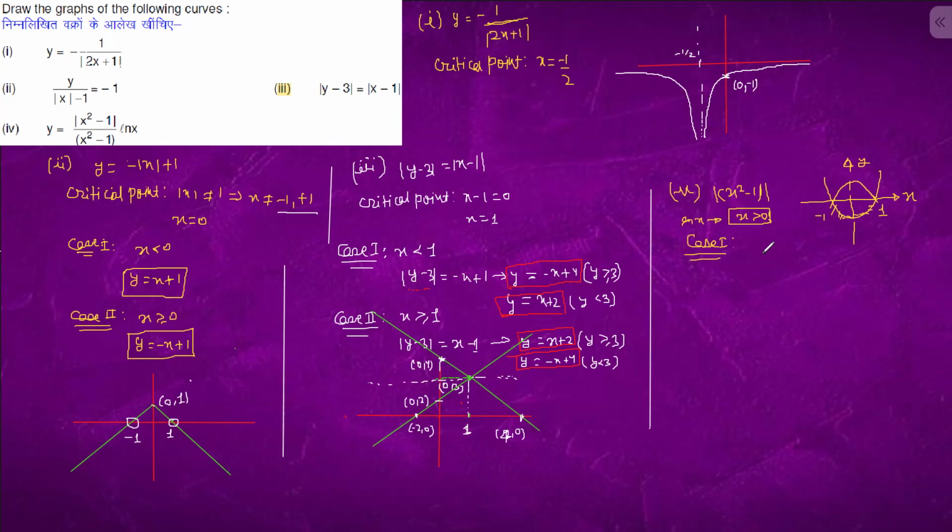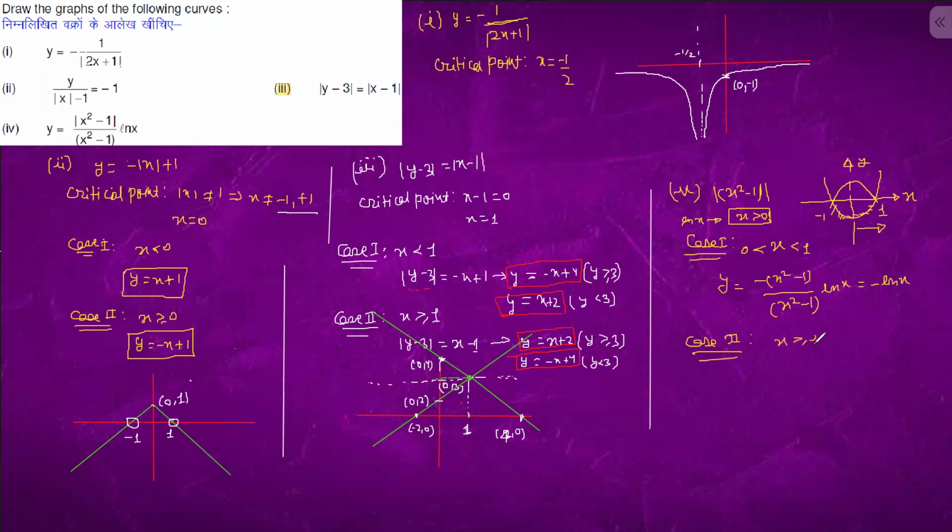Now what we see is that we have to see only from here to here. So when x is between 0 and 1, less than 1, we will have the function equals minus of x square minus 1 upon x square minus 1 times ln x, which is minus ln x.